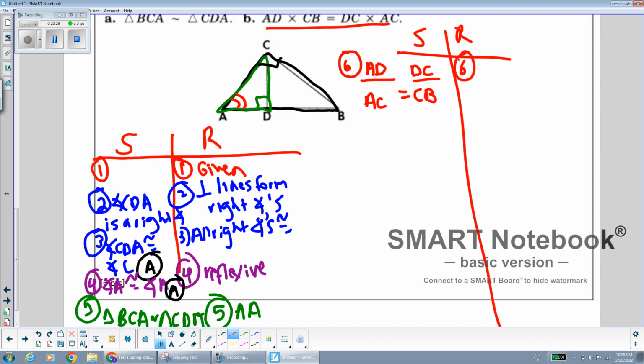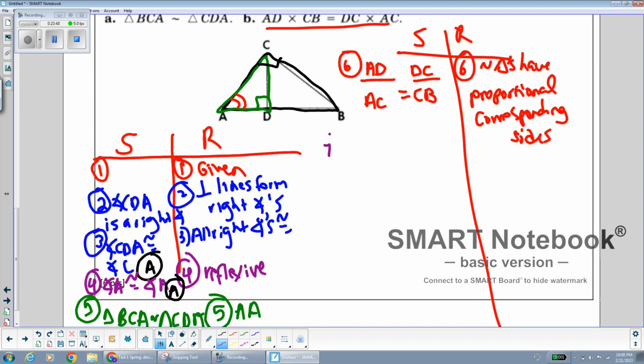It's always the same reason every time when you're proving a proportion. Similar triangles have proportional corresponding sides. And then from there, we can prove the product that we actually need to prove.